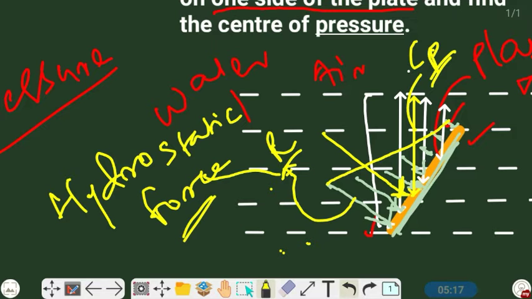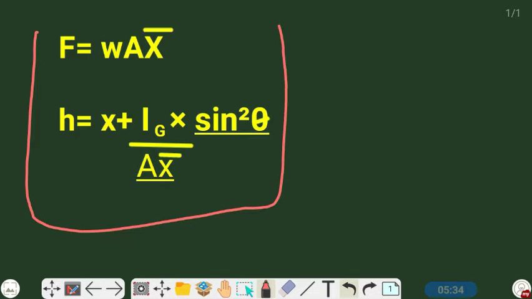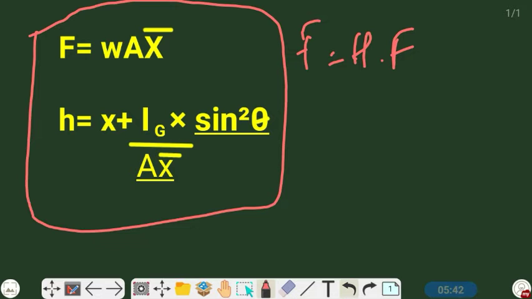These are the two important things you need to understand. Now let's write the expressions for center of pressure and hydrostatic force. It has a derivation, but there is no need to do it here, so let's just remember the formulas. We need to understand and remember these formulas. What is F? F is the hydrostatic force, F = W times X bar times A, where W is rho g, the specific weight of the liquid, and A is the area of the plate.